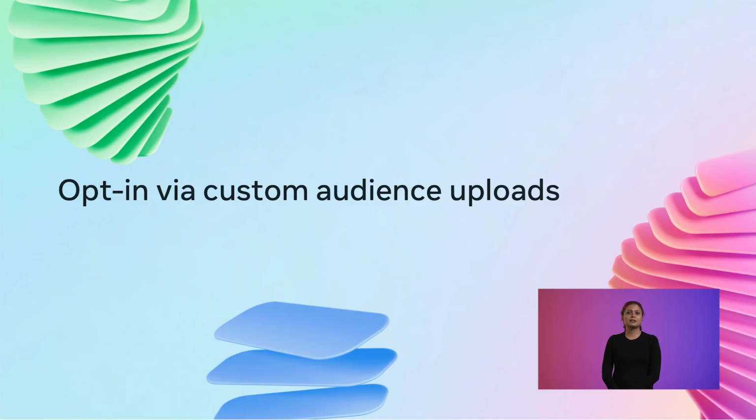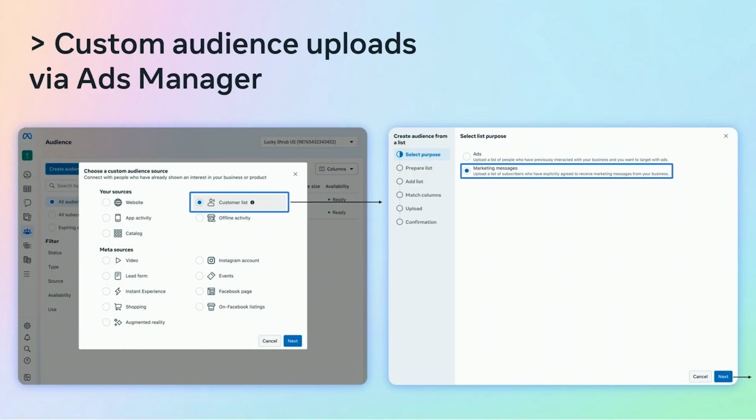The next method to retrieve user subscriptions is also an opt-in method via custom audience uploads. Let's check this out. The first way to do this is via Ads Manager. Marketing messages are only sent to users who have subscribed, that is, opted in, to receive these types of messages from your page.